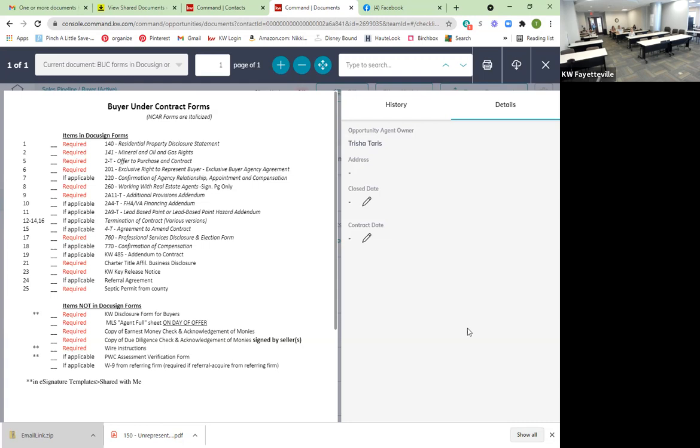Okay, so obviously you would need a 2T offer to purchase contract if you're writing a contract on any home. It could be new construction, or you could use a builder's contract. If you use a builder's contract, and some builders will require it, it's your job to read it.